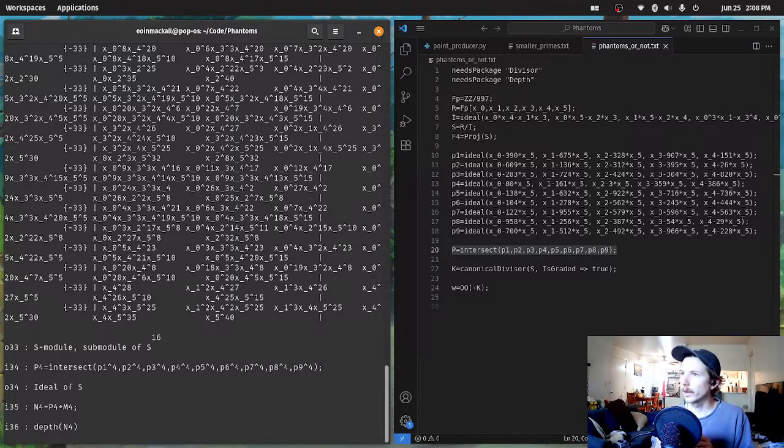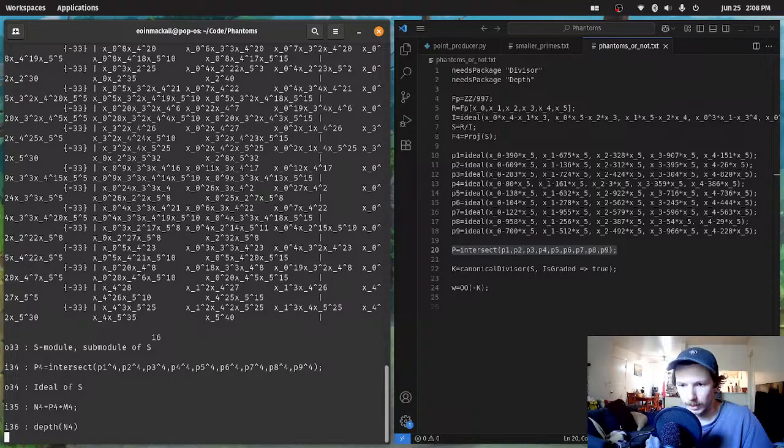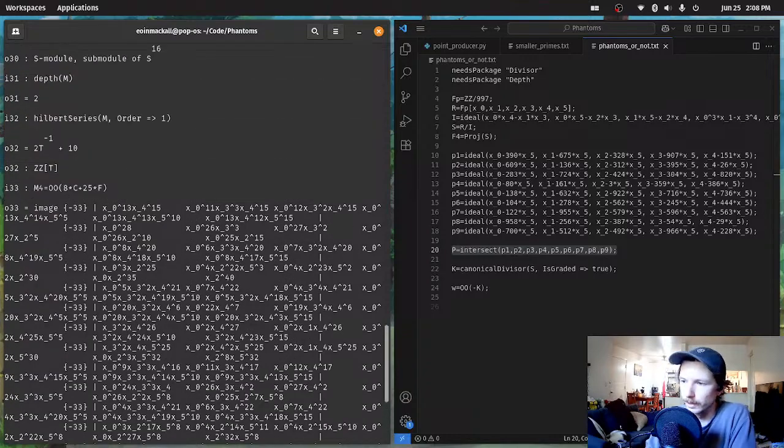So I want to check, well, what should happen when I take this M module, which is representing the anti-canonical divisor. I'm going to tensor it with, or multiply it against the ideal of these 9 points, and calculating the global sections of that thing should produce the linear system of the anti-canonical divisor on the blow up of F4 at 9 points.